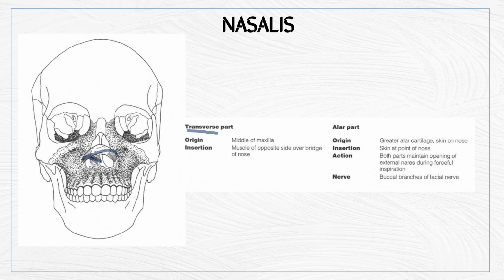The alar part has its origin from the alar cartilage, and gets inserted into the skin at the tip of the nose, and it merges with the transverse part. The action of both the transverse and alar parts is that they open the external nares during forceful inspiration, and it is supplied by the buccal branch of the facial nerve.